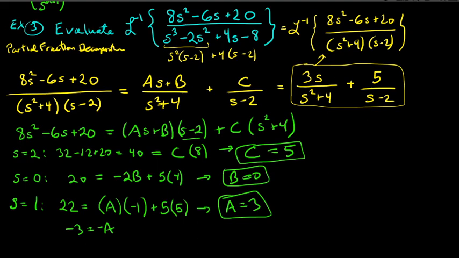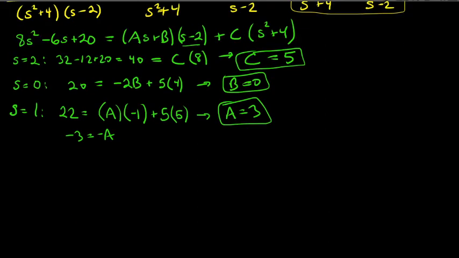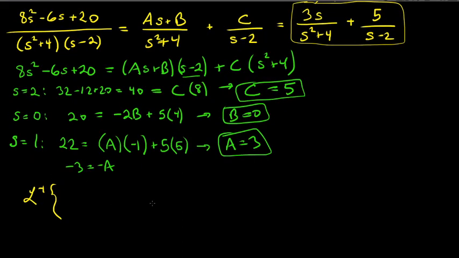All we did was take this thing here and split it up into its partial fractions. So we still have to evaluate the inverse Laplace transform of 3s over s squared plus 4 plus 5 over s minus 2.